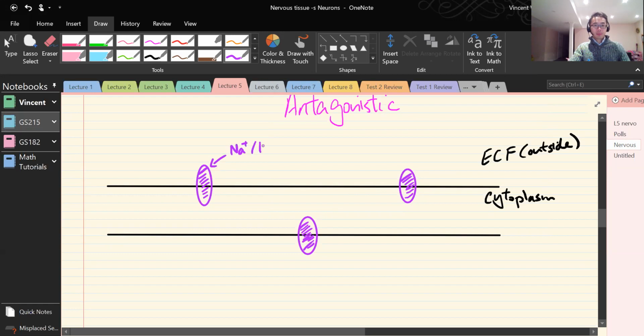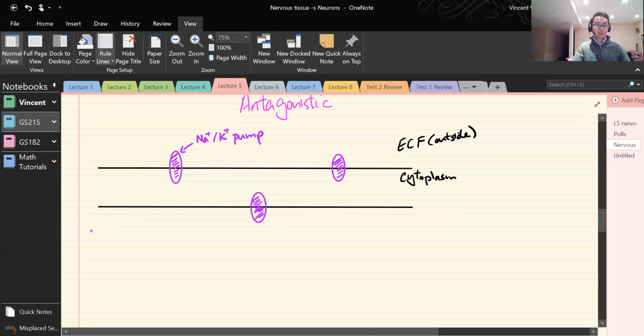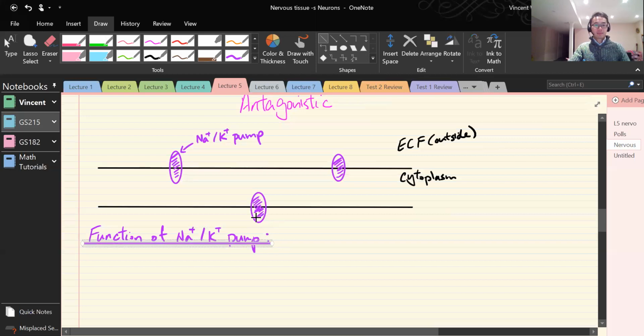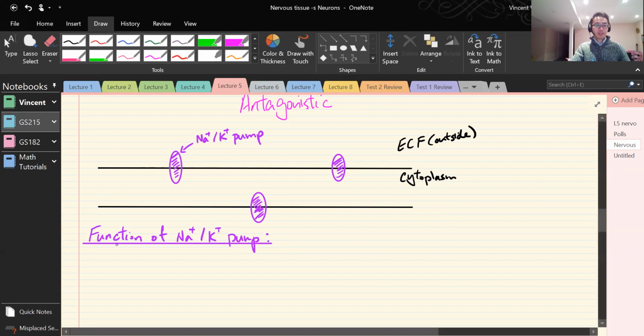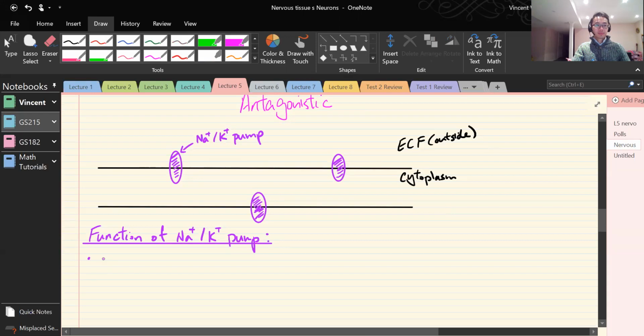Can anybody please tell me what is the function of the sodium potassium pump? What do they do? Transfer sodium out of the cell. That's correct. They will pump sodium out of the cell. And what does it bring in? Potassium. That's right.